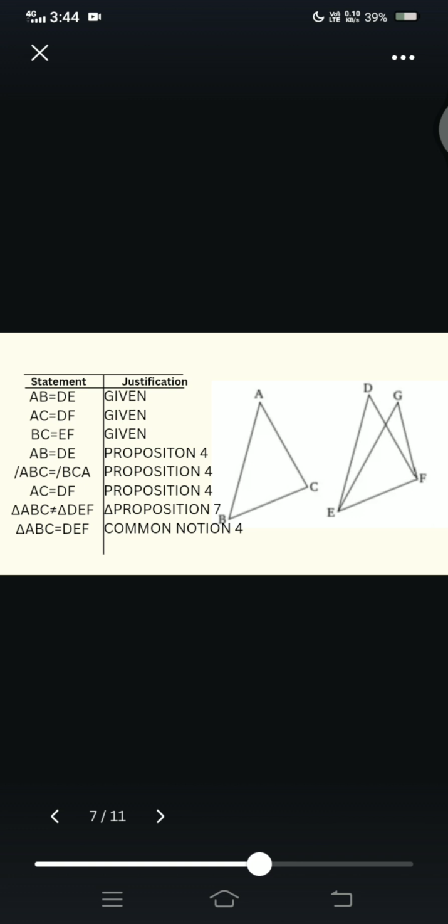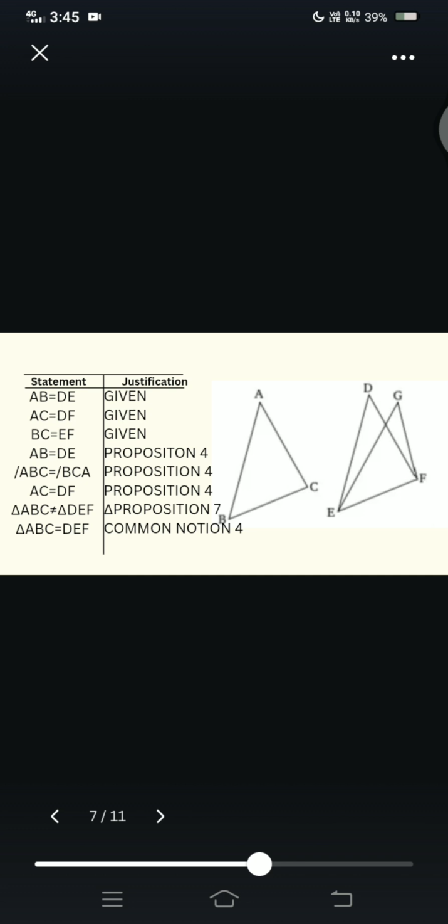So given that we have our angle ABC, and if we put it together with line BC, since sinabi kanina na yung line AB natin and line DE is equal, and yung bases natin is equal, which is yung ating line BC and line EF.